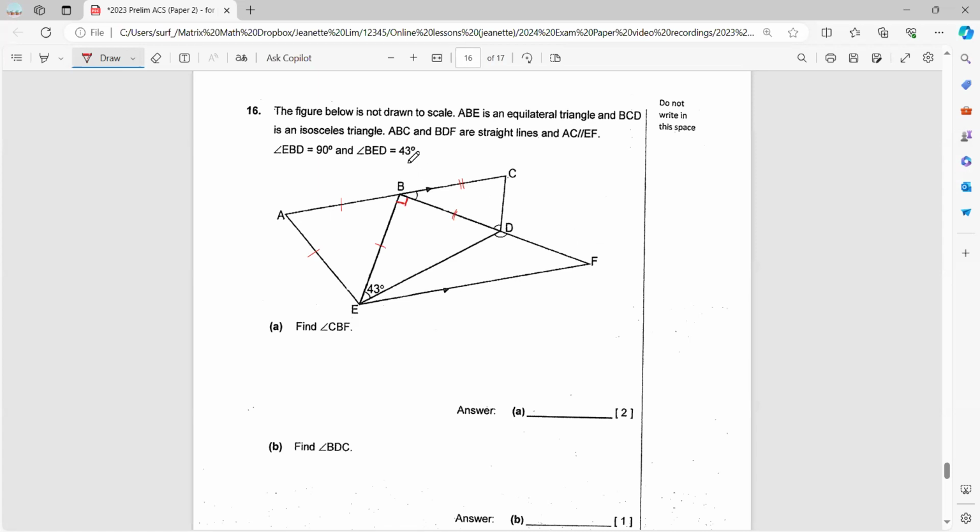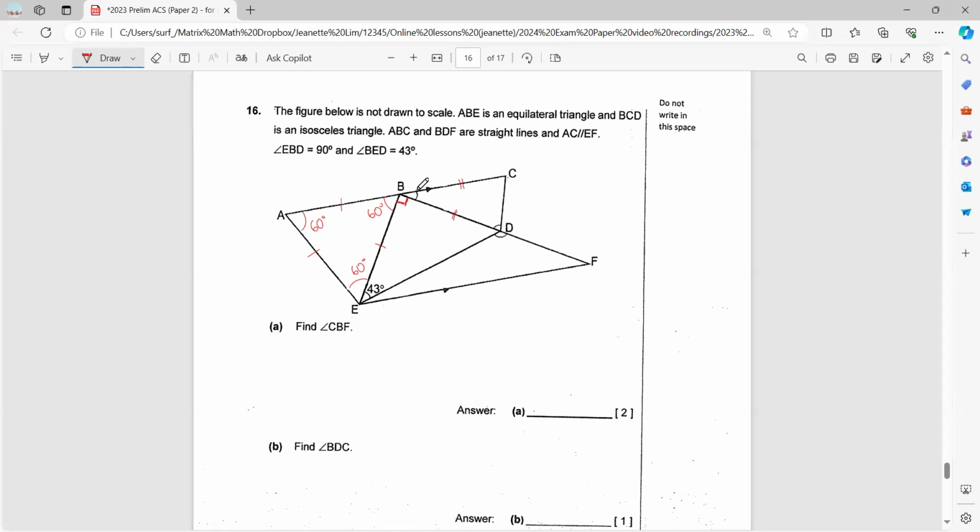And then 43 degrees here. Okay, find CBF. Now remember, let's mark out all the 60 first. All right, so actually CBF here, this angle here is actually using angles on a straight line.